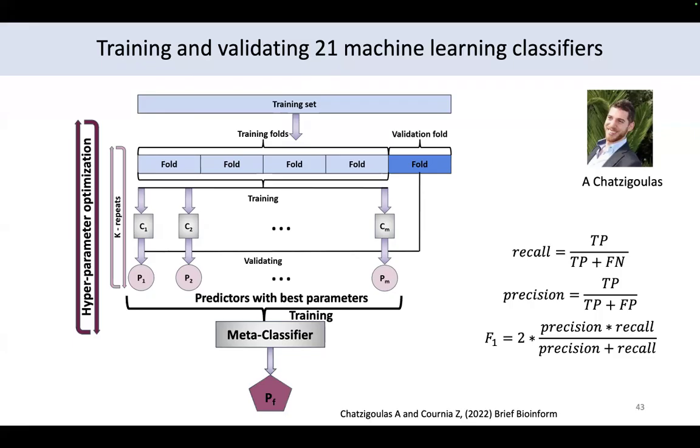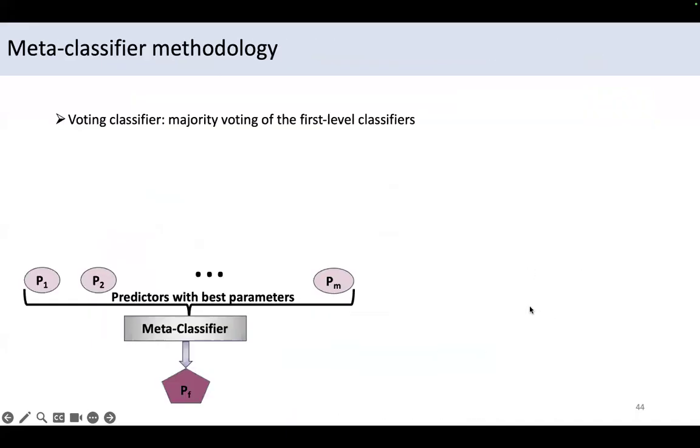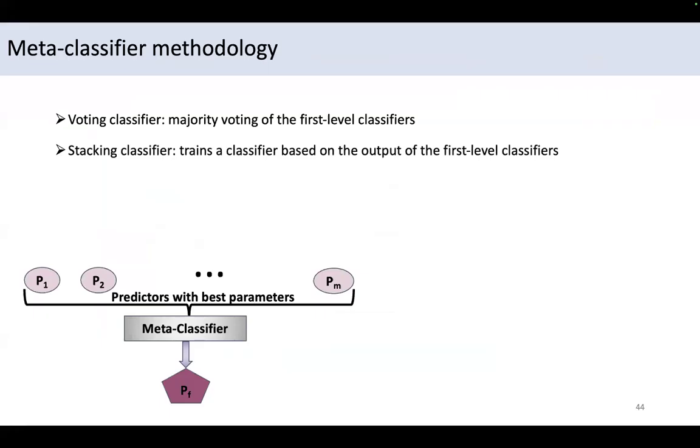How does it vote? It votes by taking metrics called recall, precision, and F1 score, which are based on true positives, false negatives, and false positives. And F1 is a mix of recall and precision. So the voting classifier is a majority voting from the first level classifiers.